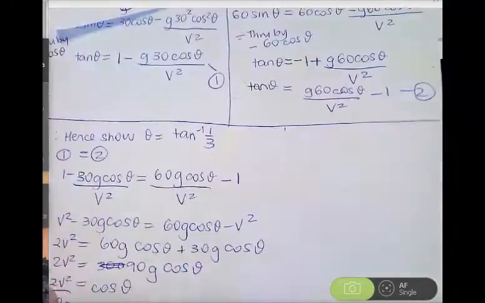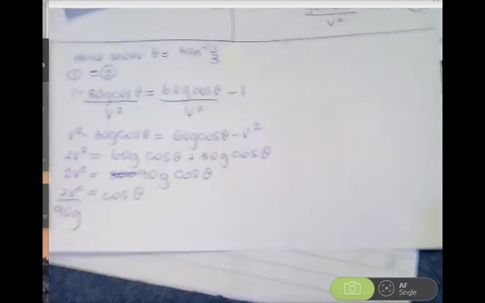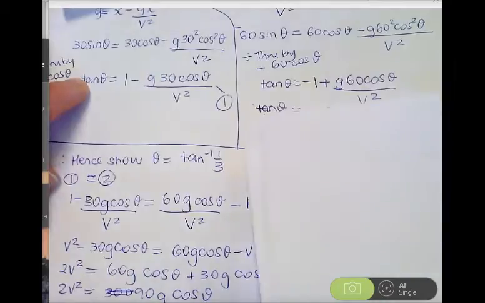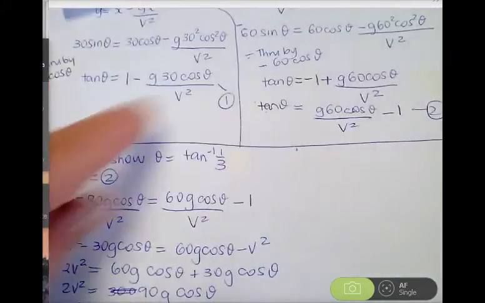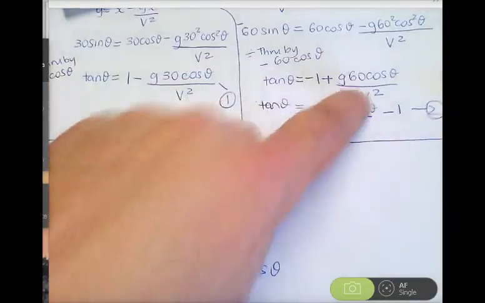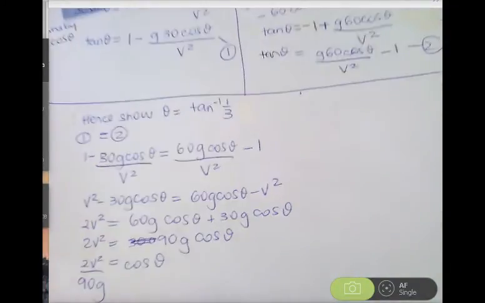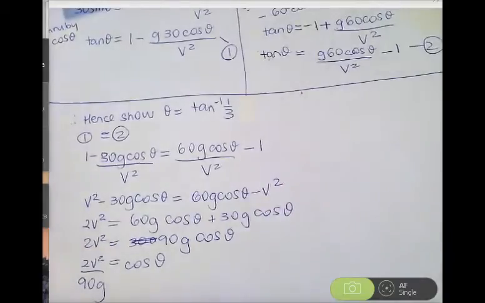Well, it seems that that's the way to go. So girls, you had to decide. If you put the tan thetas, equate them, you end up with cos. But if you make cos theta the subject of both of them and equate, you'll get tans. So we're going to try that before we do the v squared. Because if you do the v squared, you get cos squared, the cos and the tan.